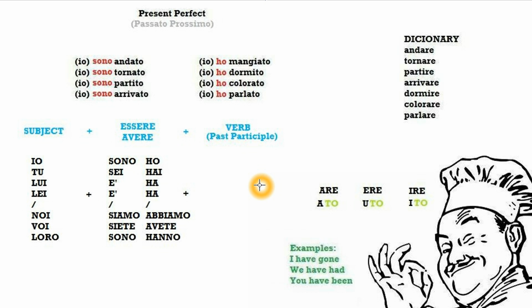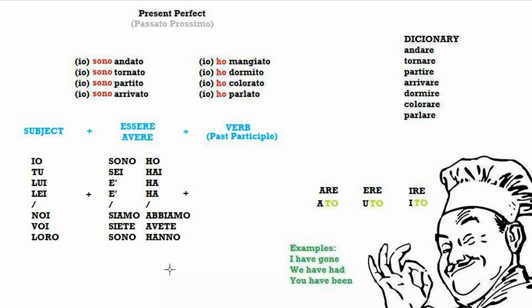Now the present perfect is basically "I have done something" in English. So this is what it looks like in English. It doesn't matter what verb you use, even if it's the verb to have or the verb to be, you always have your subject, the verb to have conjugated in the right way, and then the past participle of the verb that you want to have in the present perfect.